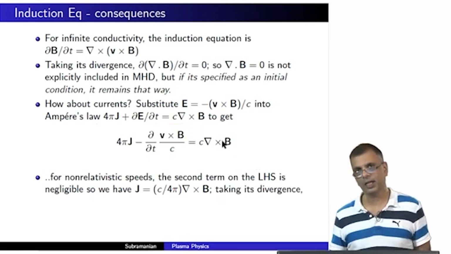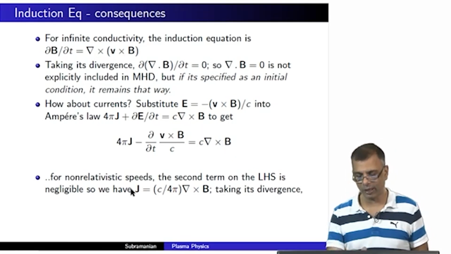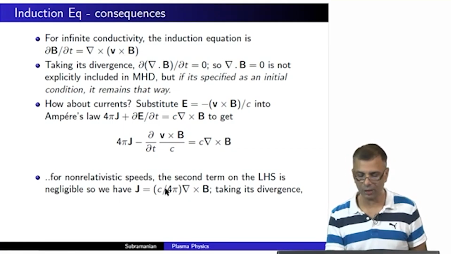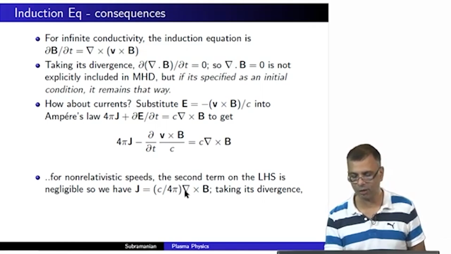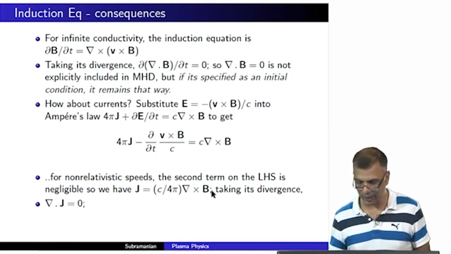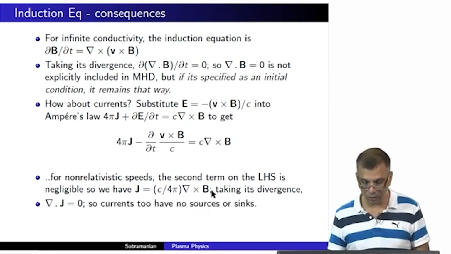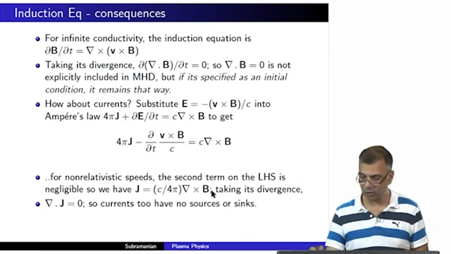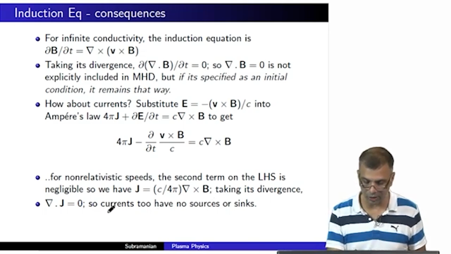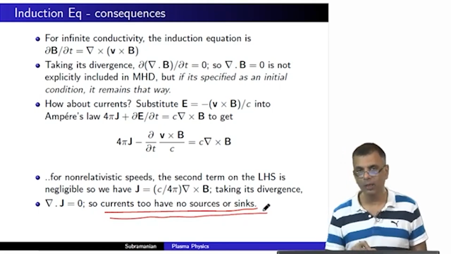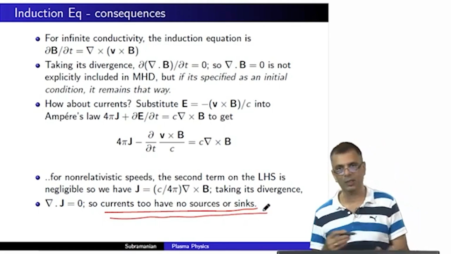How about we take its divergence? We take the divergence of j, and this is just a constant, so I take the divergence of the curl of B, which is saying that the divergence of j is equal to 0. So, currents also have no sources or sinks, and this is a very important statement which needs to be thought about in some detail.